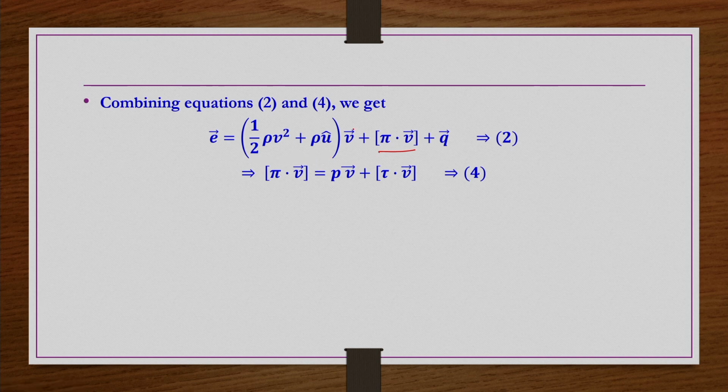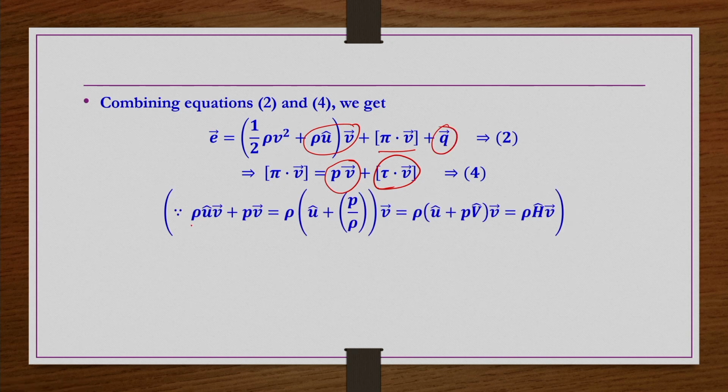This rho u v and this p v we combine together and write as one term, and the remaining terms like tau dot v and q we are going to write separately as another term. So from rho u v plus p v, I separated out v which is common, and from the rho u tilde and p terms I am taking rho common. So then we have u tilde plus p by rho, and 1 by rho I can write as v tilde.